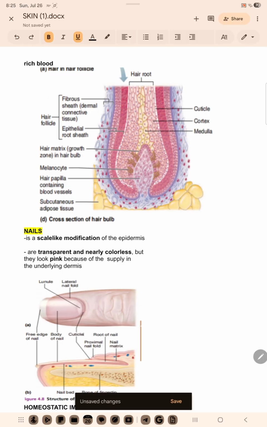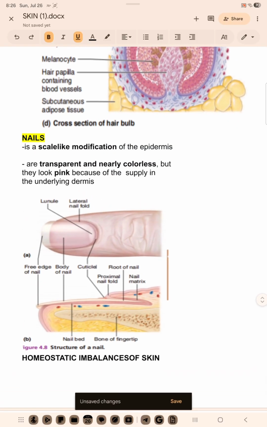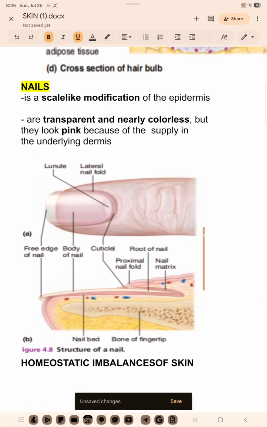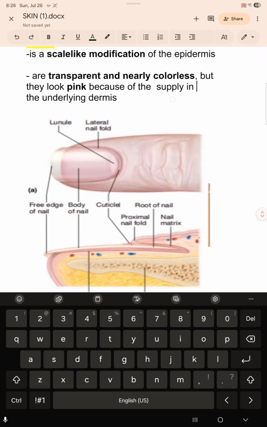Next is our nails. So our nails is a scale-like modification of the epidermis. So our nails is transparent, look at that here, and nearly colorless, and atong kuko is pink kay tungod sa blood supply ni underlying dermis.